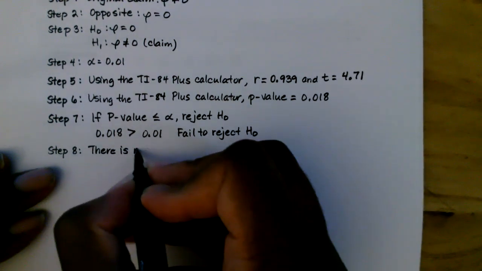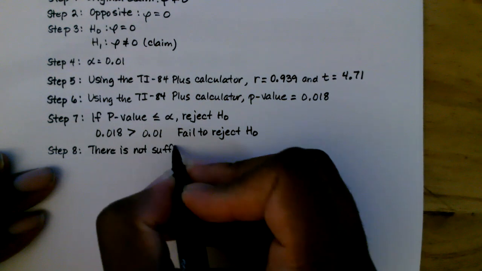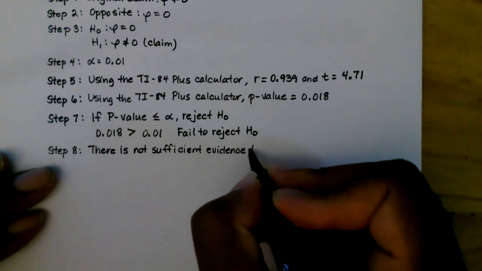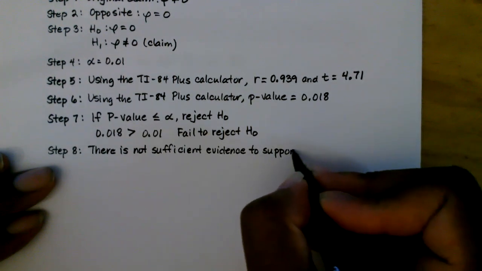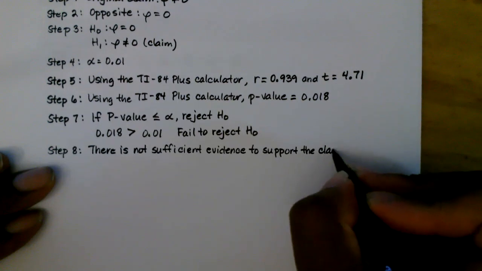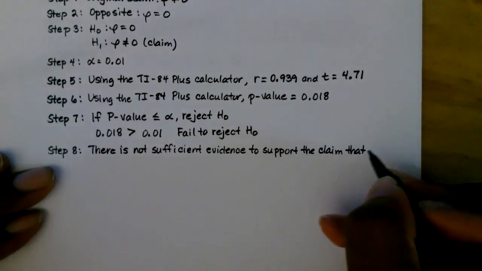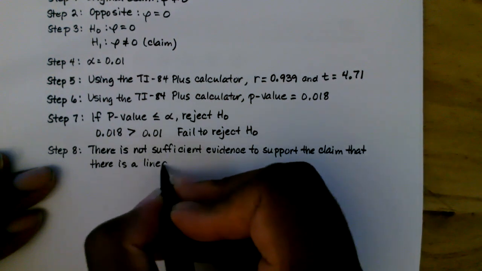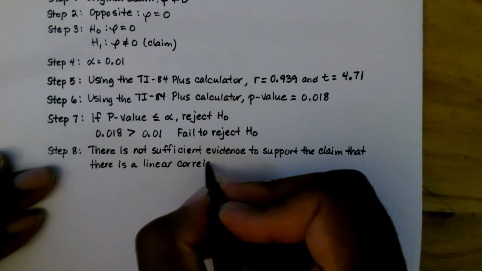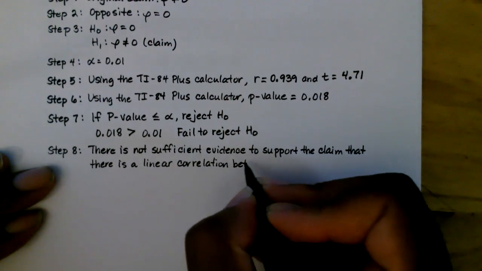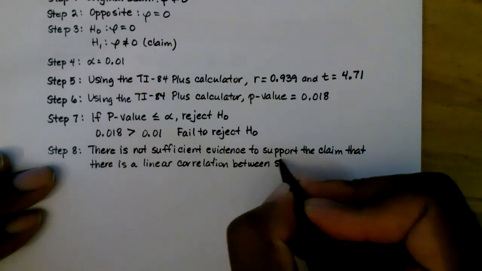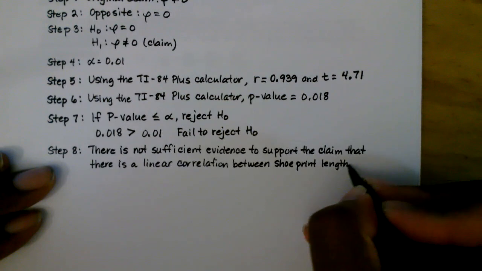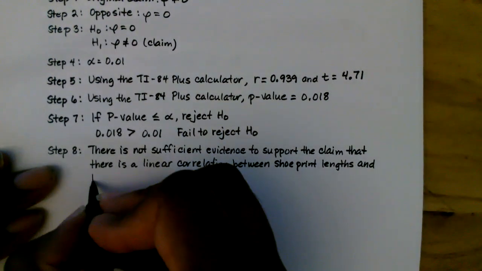So here, there is not sufficient evidence to support the claim that there is a linear correlation between shoe print lengths and heights of males.